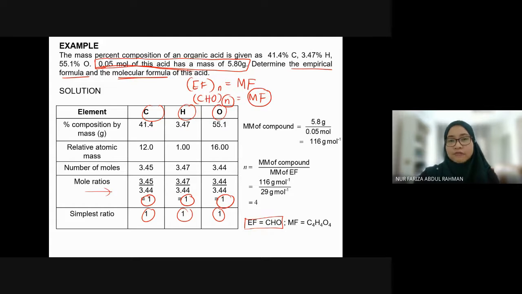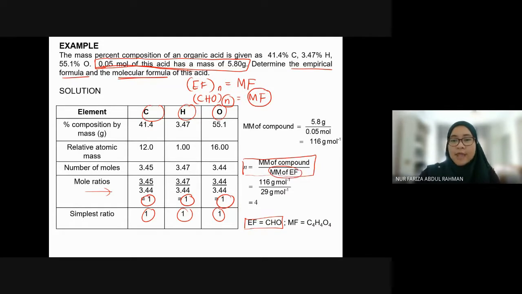So what is the formula used to find N? This is the formula used. N is the ratio of the molar mass of the compound to the molar mass of the empirical formula. N can be obtained by dividing the molar mass of the compound by the molar mass of the empirical formula.